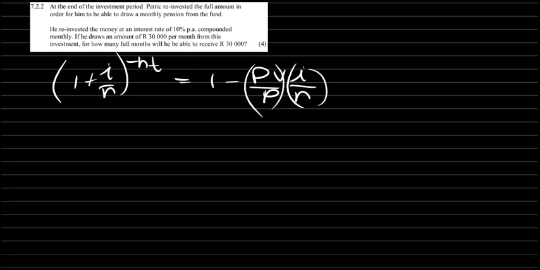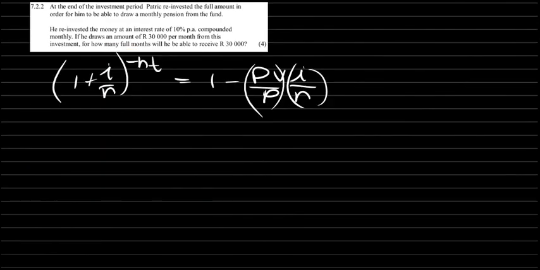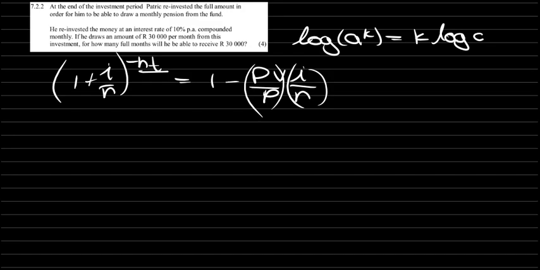Okay, yes, that's correct. So the only way that we can get this out here is by using log laws. I know it's pretty daunting, but we're going to use one specific log law, the one that says log of a to the power of k equals k log a.